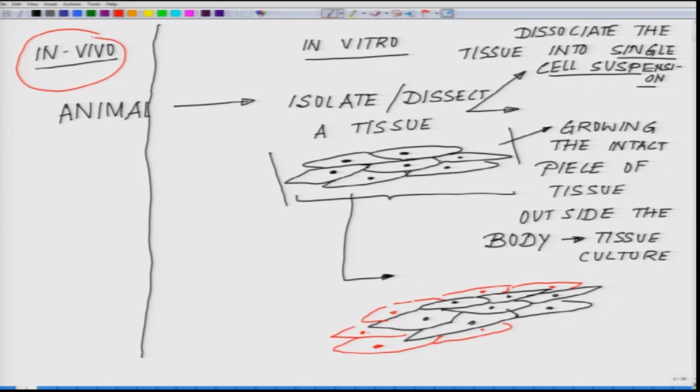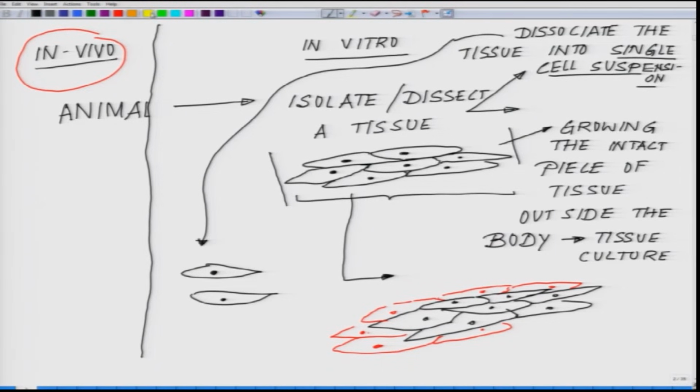Say, for example, if I talk about the cell culture here, where individual cells are growing instead of the tissue, and these are their next generation forming, are the properties of these cells equal to the properties of these cells?